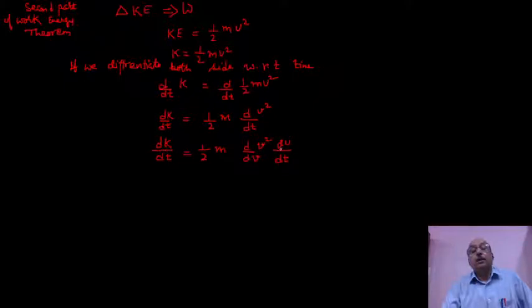We multiplied and divided by dv here. So dK by dt is equal to half m. Differentiation of v squared is 2 v to the power 2 minus 1, dv by dt.